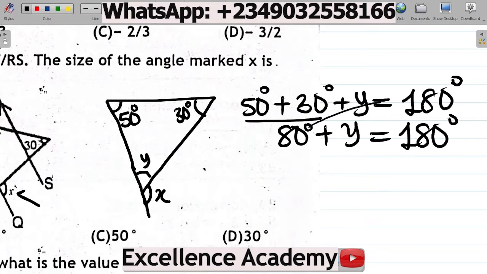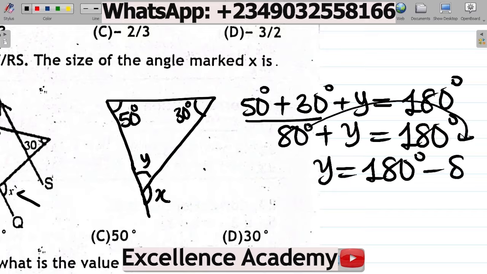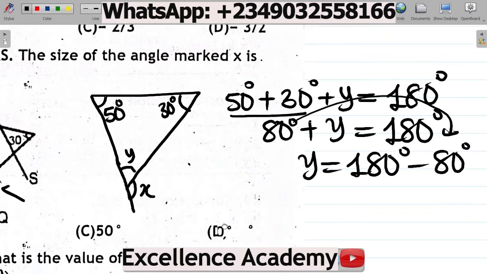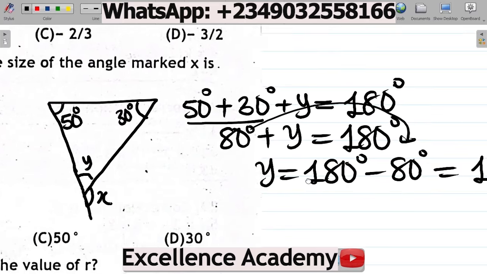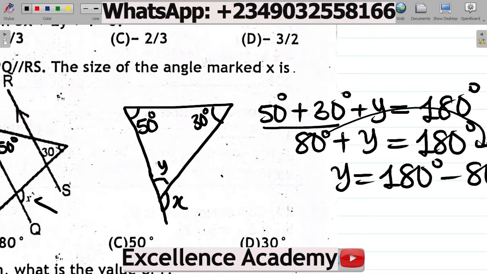To get y, move this over here. So y is equal to 180 degrees minus 80 degrees, that gives you 100 degrees. So the value of y, this part here, is 100 degrees.